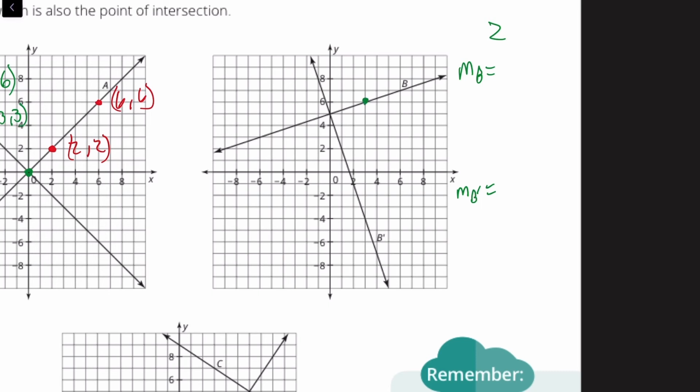Use this one, 3, 6, 0, 5, and also use 1, 2 with 0, 5. So make your slope fractions and find the answer. I'll show you the answer in just a bit. So pause the video, do it yourself, then check yourself.